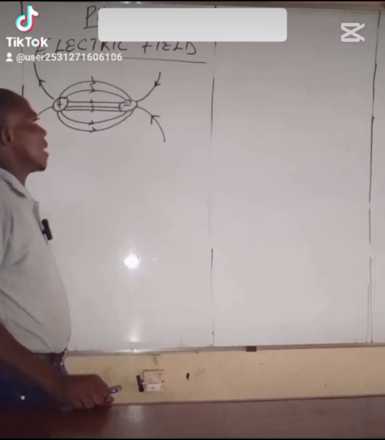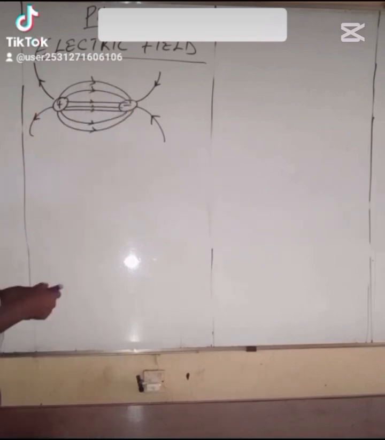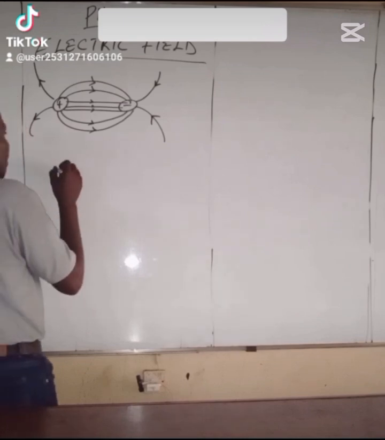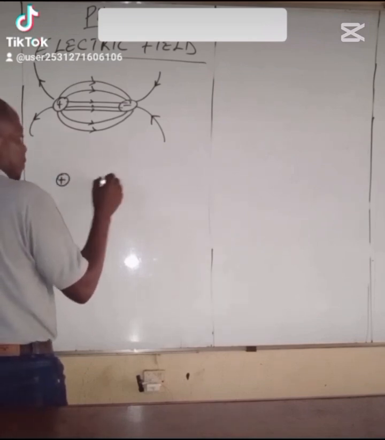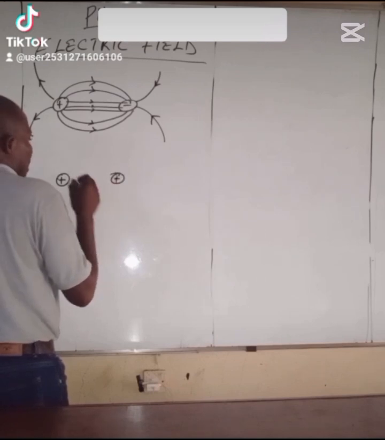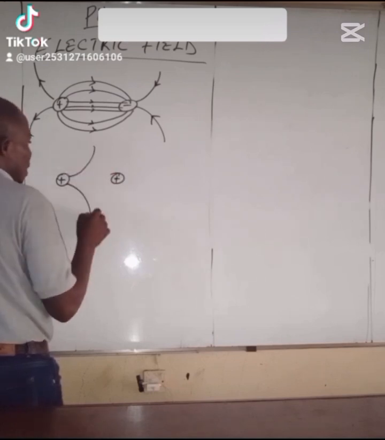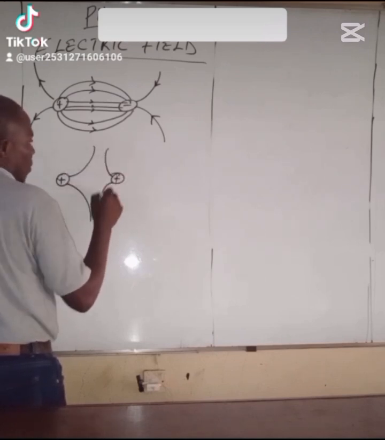Okay, now having said that, let's represent unlike charges. If we have positive, the field will move this way.